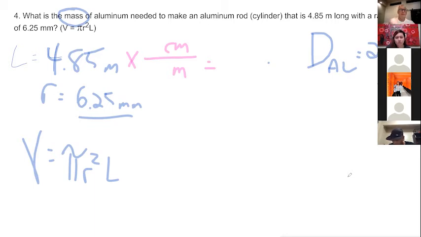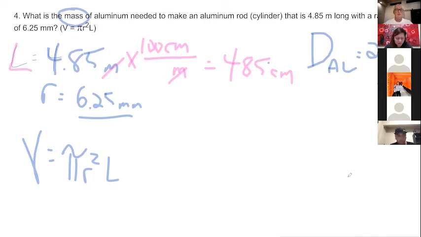I'm going to get rid of meters and replace it with centimeters. How many centimeters in a meter? 100, that's right. Centi means 1/100th, so there's 100 of those in a meter. So we've got 485 centimeters long. That's our length.